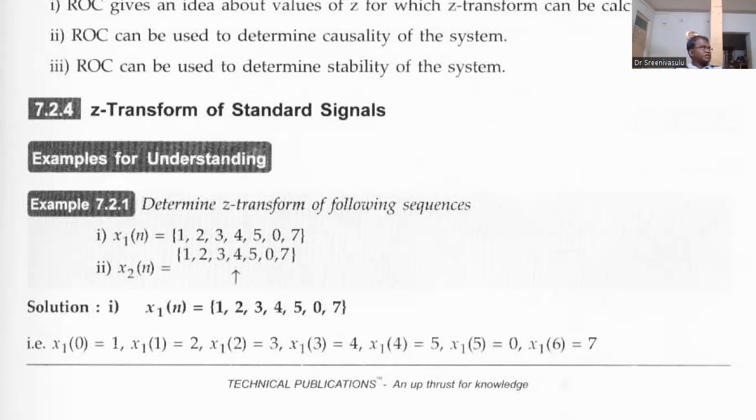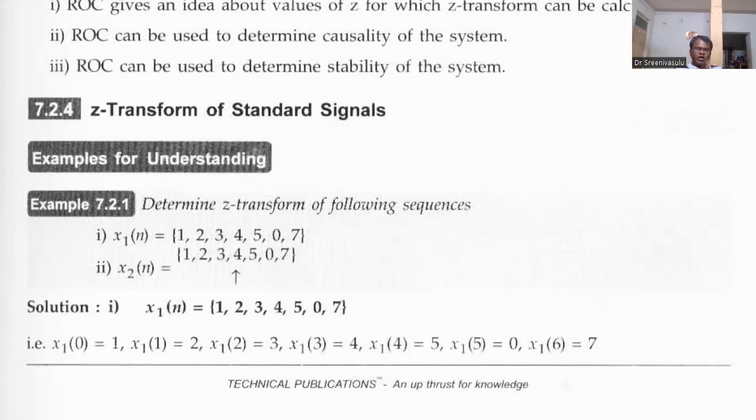So these are the identification of the sequence: what is n, whether it is 0 or 1 or 2. Based on that, if we apply the formula, you need to visualize the length of the sequence. In the first sequence, he has not given any arrow.